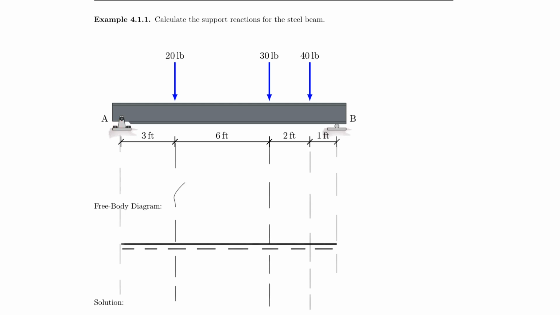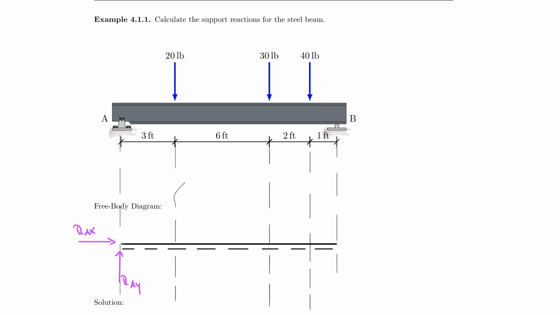In other words, we actually have to represent the forces in our free body diagram now. So obviously I need a force that is acting in the vertical direction. I call that RAY. But because it's a pin, I also have to add a force in the horizontal direction, and I call that RAX.